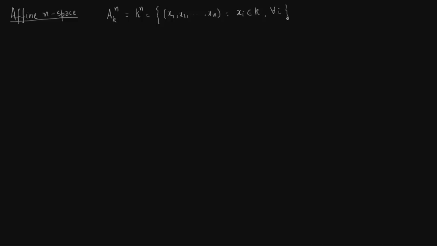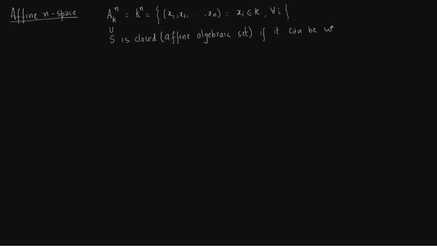Why are we not writing it as Kn? Because we are attaching special meaning to it, and as sets they are different, and we will see how they are different. So we consider S as a subset of this affine n space, and this subset is closed, and we sometimes call it an algebraic set or affine algebraic set, if it can be written as the zero set of polynomials.